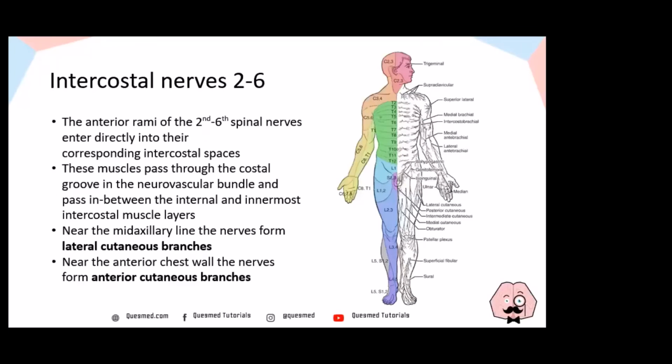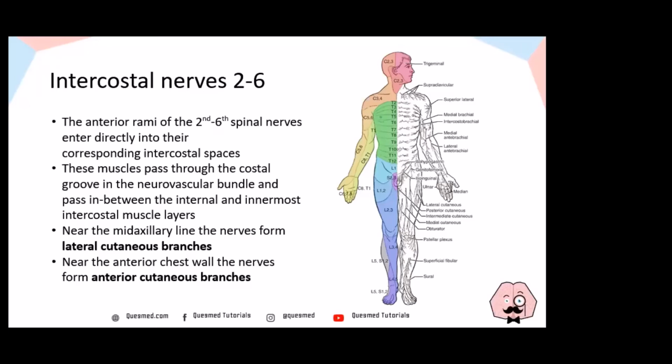Your nerves 2 to 6, the anterior rami directly enter the intercostal spaces, and they pass through the costal groove, as we said, in between the inner and innermost intercostal muscles. They give off the lateral cutaneous branches around the mid-axillary or armpit regions.